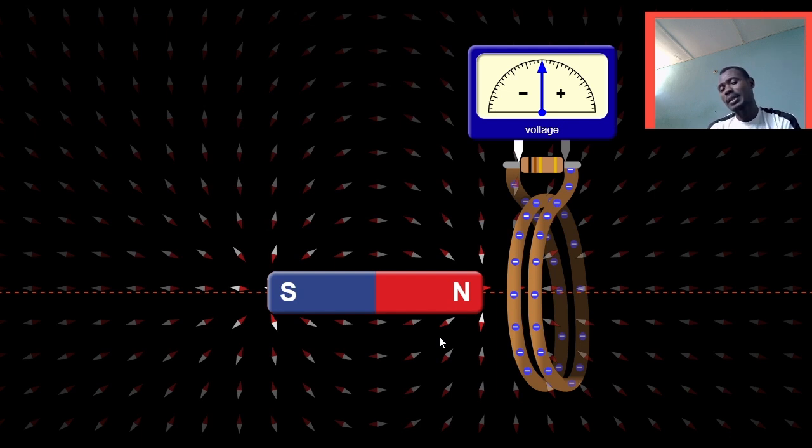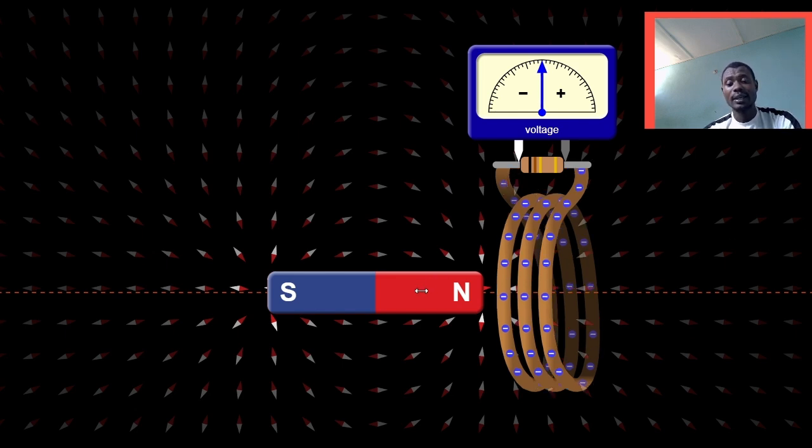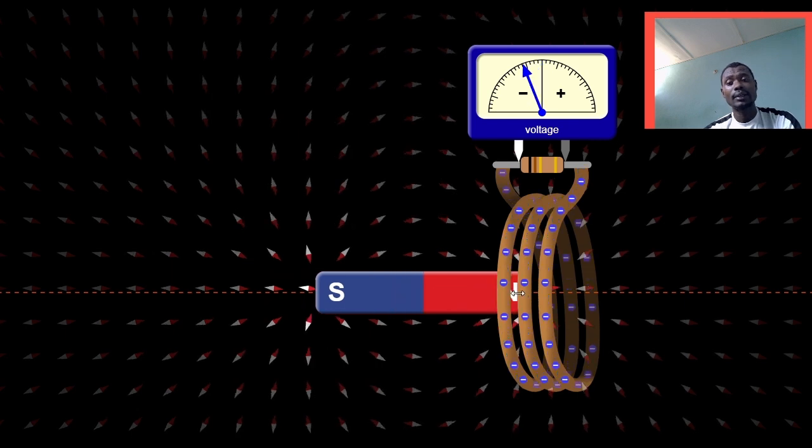What other things can I mention here? If I want to add more, what are the factors that the induced current could depend upon? The production of the induced current depends on the number of turns of wire. This is two. I can increase it. If I increase it, there will be larger currents.